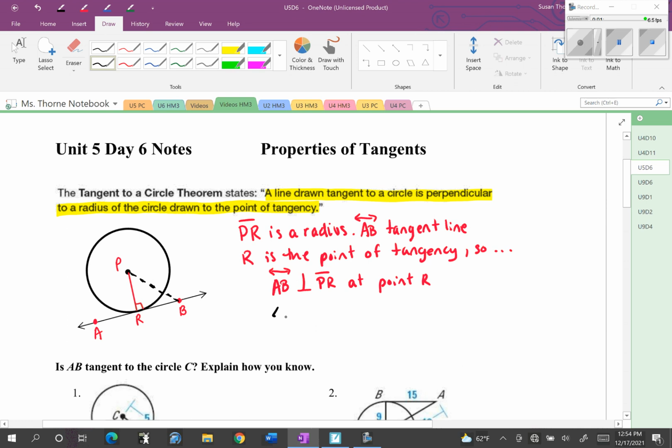So that means that triangle PRB is a right triangle. So the measure of angle PRB equals 90 degrees. And the measure of angle PRA also equals 90 degrees. It's on the other side.